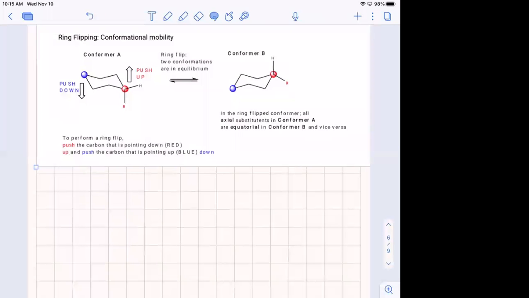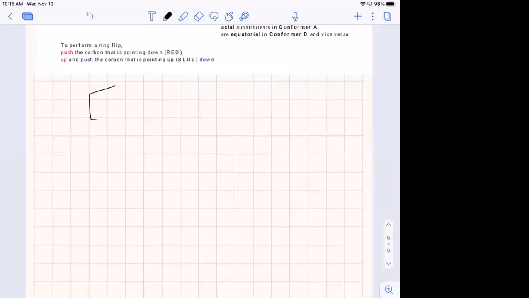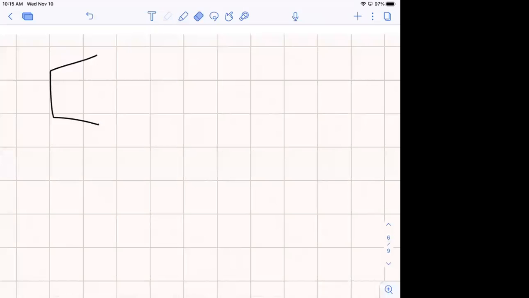So before we even talk about conformational mobility, the chair, the 6-member ring is probably the most stable of your cyclic systems, right? And you can actually think about the 6-member ring from a Newman perspective. We're going to look at these 2 carbons and these 2 carbons. And so I could actually draw this out like this.